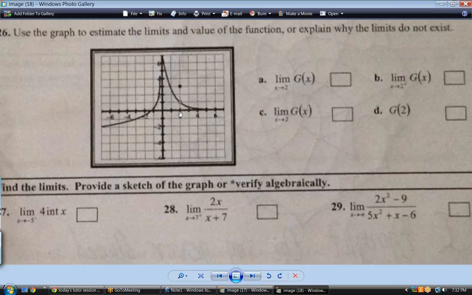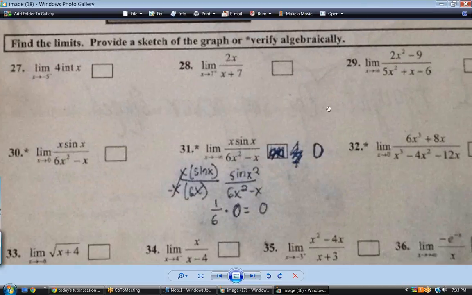So what does it approach as we approach 2 from the left side? 1. From the right side? 1. What's the limit of this function as x goes to 2? 1. What is g of 2? 3. Good. Very good.